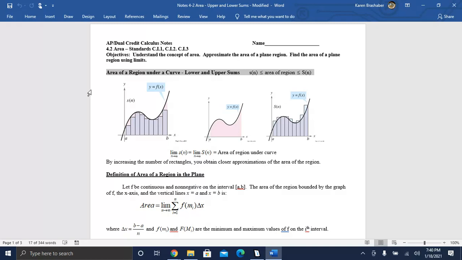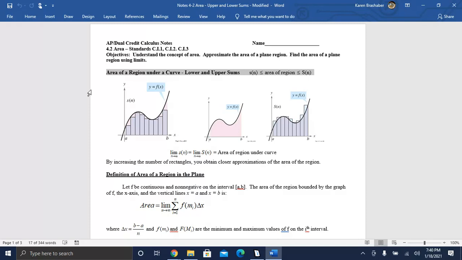So we will first of all start with an underestimate, which you'll see in the figure that I'm pointing to here on the left. And then you'll notice that each one of those rectangles is under the curve, and yet adding together their area would give a close estimate to the actual area.